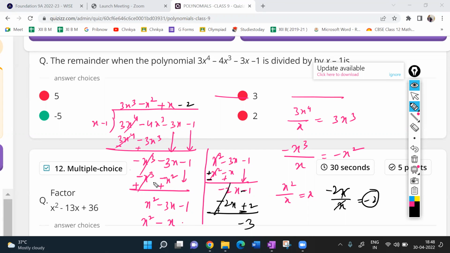So it is minus x cubed minus x squared. Okay, this got cancelled. Minus x squared minus x minus 1 as it is. Next, x squared by x, so x.